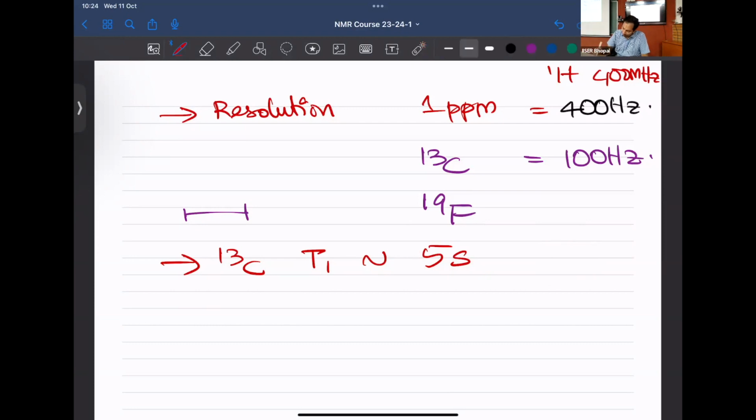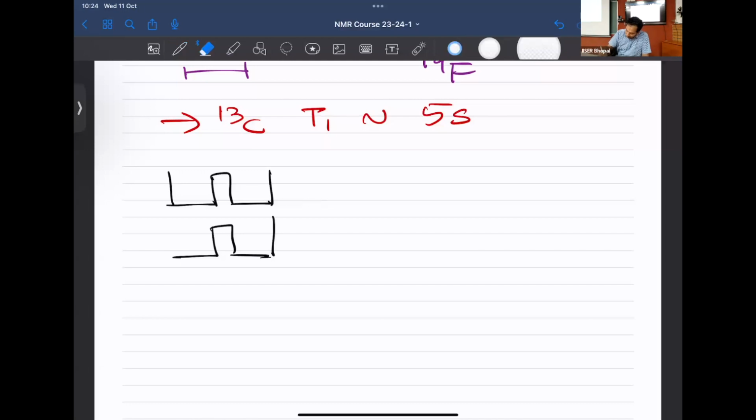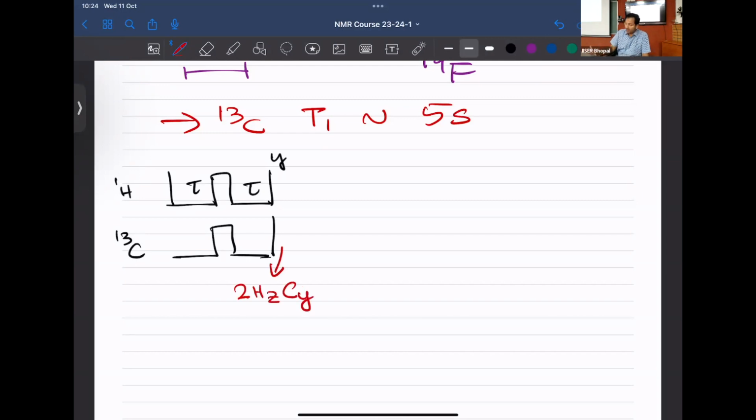So this is where whatever we learned before midsem comes to our advantage. What is that? We end up exploiting the INEPT module, which has several advantages. So let me just show the INEPT module in this sense. So if you start from a proton and if you finish on a carbon where the tau is carefully set, what ends up happening is that at the end of this module, you end up generating something of this kind.